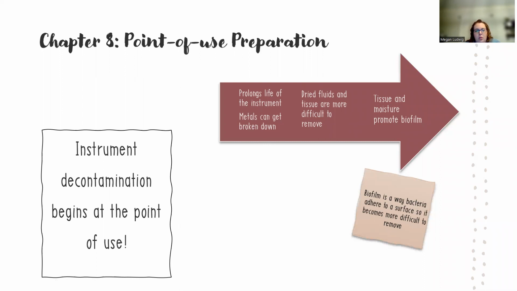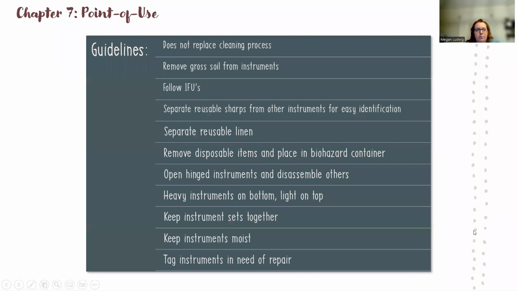A biofilm is just a microbiology term for the way bacteria adhere to a surface. It's like a protective mechanism for bacteria, so that it's harder for them to die, but also harder for us to clean. So we want to make sure we don't give them a chance to make that biofilm and make it easier to clean.